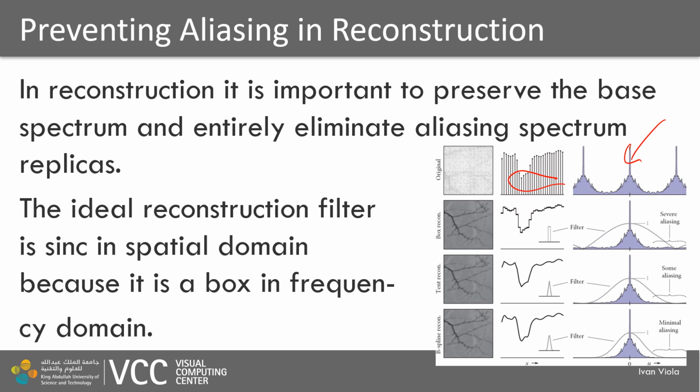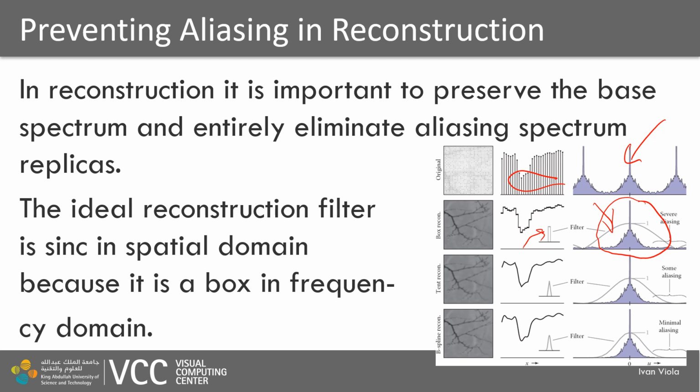Now, if we are performing filtering or reconstruction with the box filter, which will be very narrow, which means that it will be very broad in the frequency domain. So everything that is narrow in the spatial domain will be broad in the frequency domain, and vice versa. Then our reconstruction filter means that we want to just take out this one frequency response with our reconstruction kernel and multiply it.